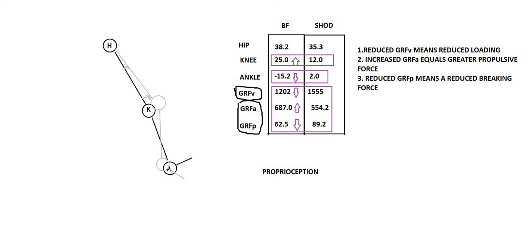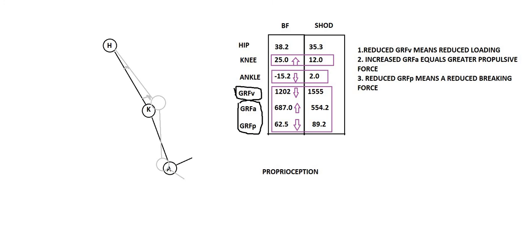If you do find a significant difference in your kinematic data, you don't have to define what proprioception means. We know, but you can still talk about what it means for your runner. So we have proprioceptors, specific parts of our nervous system which allow this sense to be processed.